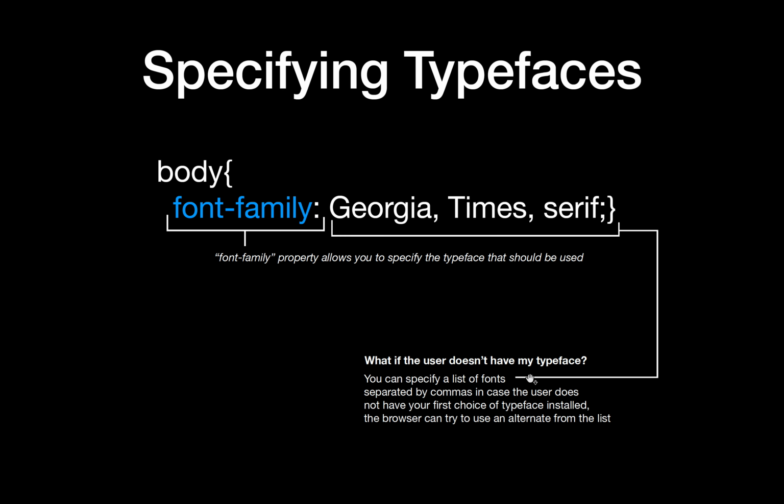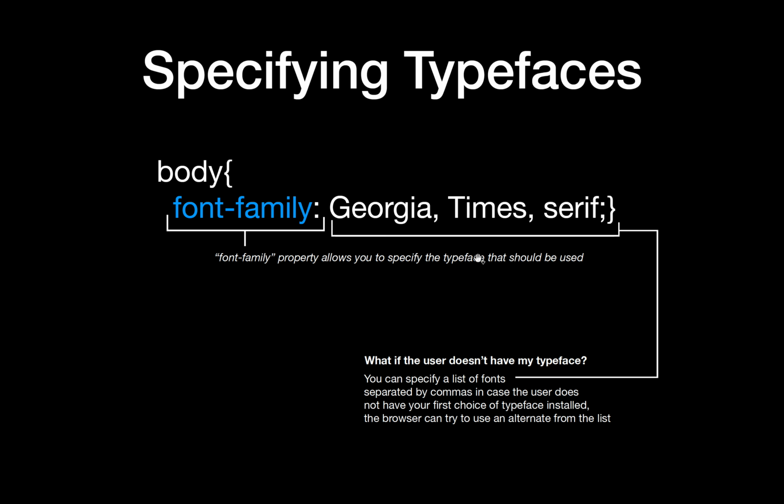So again, what if the user or browser doesn't have my typeface? You can specify a list of fonts separated by commas in case the user does not have your first choice of typeface installed, or if the browser can't read it. The browser can try to use an alternate from the list.